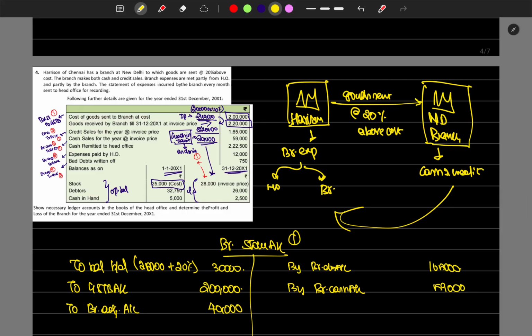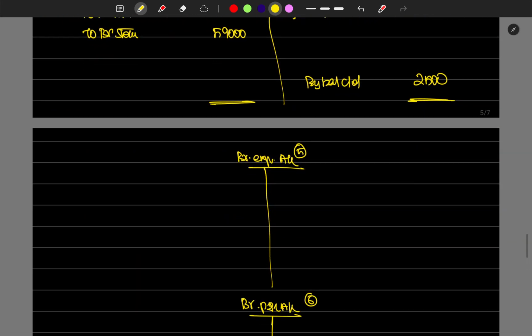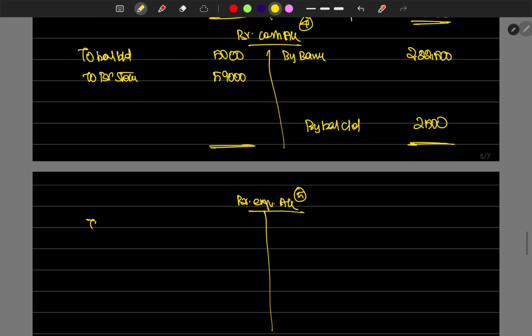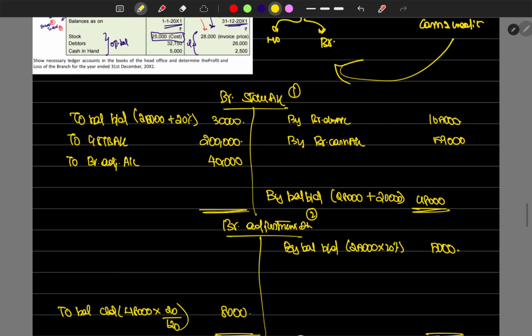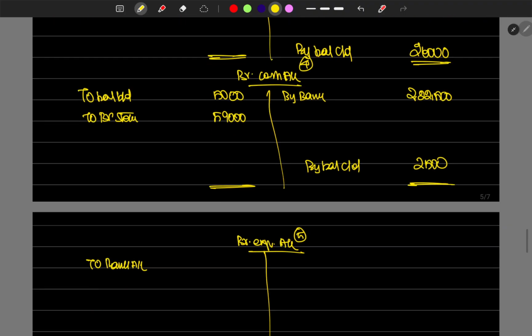Then expenses paid by head office, which is expenses to bank, so fifth, which is rupees 12,000.